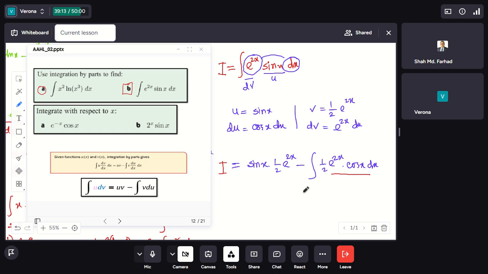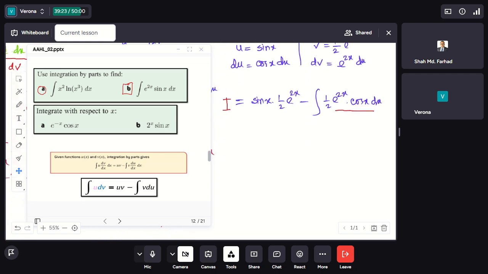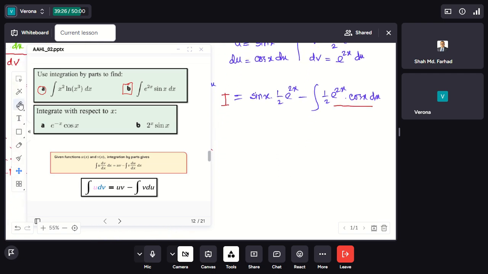Then we have I only, and you have to find the integral of this, again applying integration by parts. So we again apply here, the integral of e, if we take 1 over 2 outside, we have e power 2x cosine x dx.